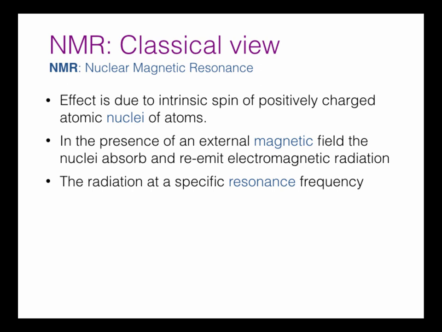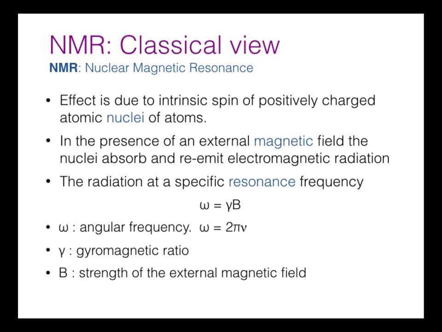These nuclei have a property called spin, and in the presence of an external magnetic field, ensembles of nuclei behave like little magnets, and they can absorb and re-emit electromagnetic radiation at a specific resonant frequency.